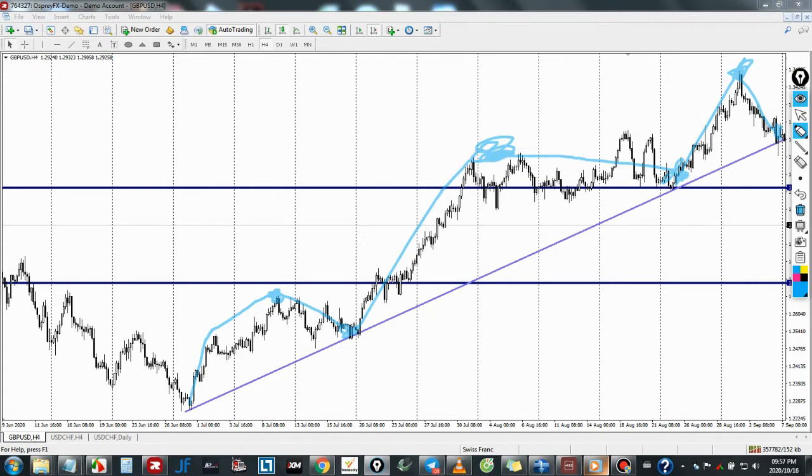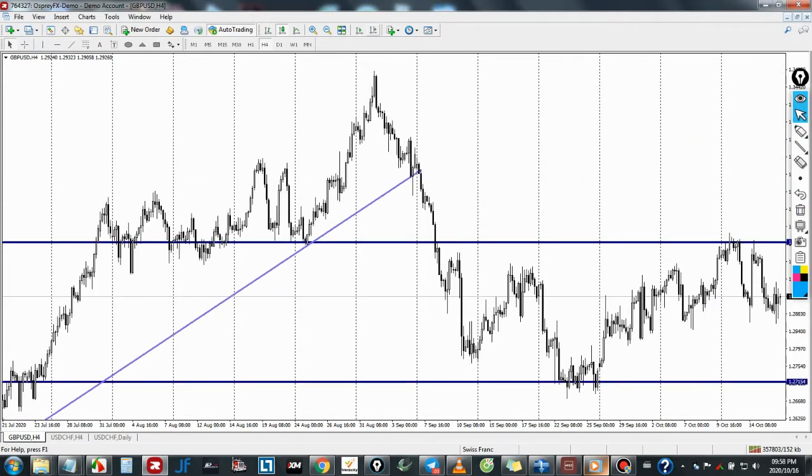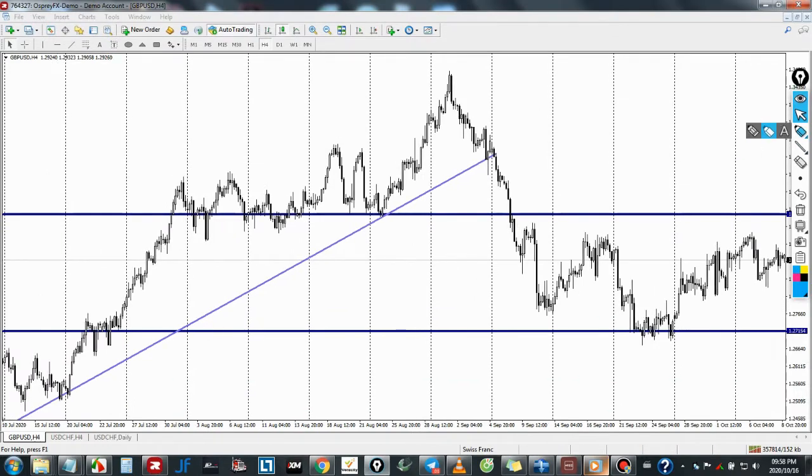Everything was beautiful and every trend trader was making money until this market put this high, and then here was our higher low. So when the market came, we were expecting maybe to form a higher low around this trend line, maybe to continue.